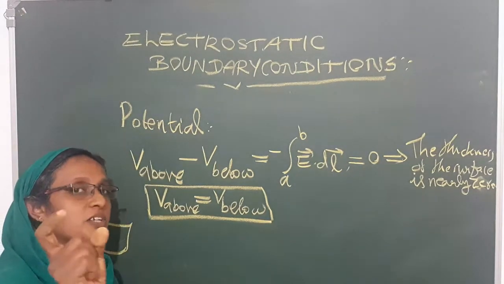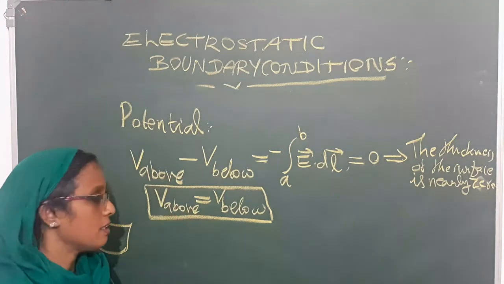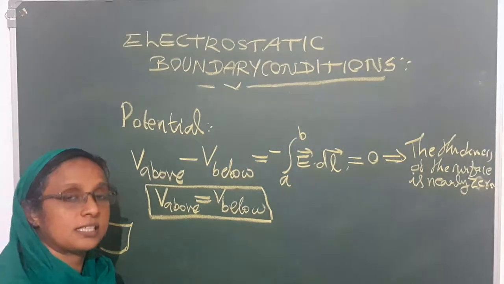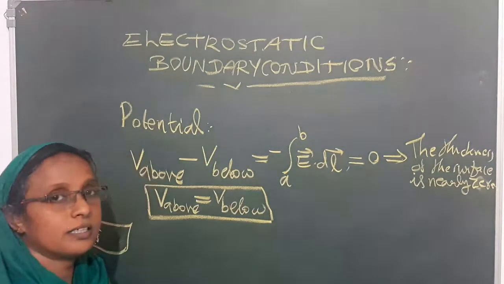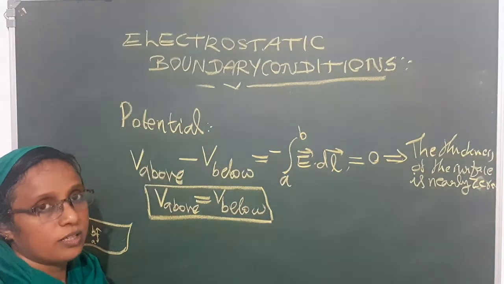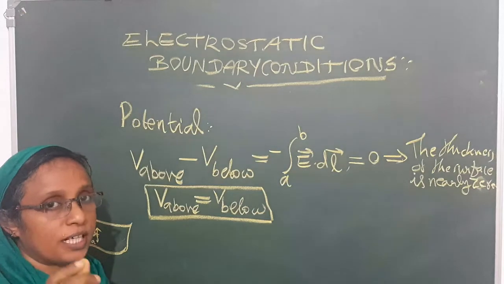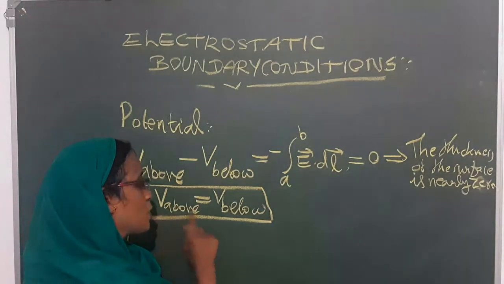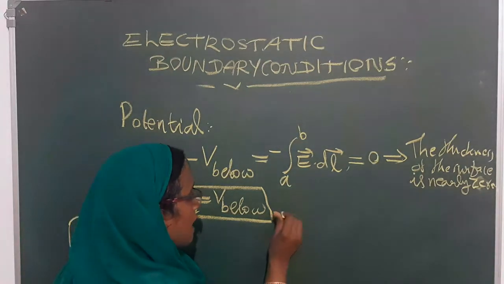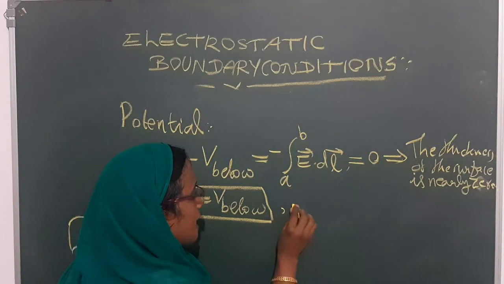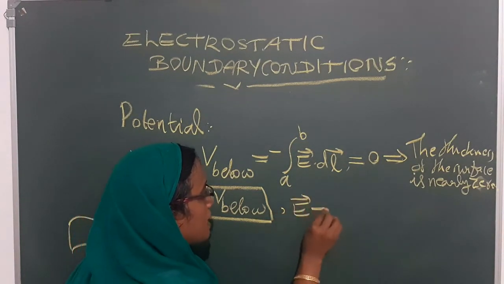The normal component of the electric field is discontinuous across a surface with surface charge density sigma. But the potential is always continuous. Whether there is a surface charge or not is not a problem for potential.